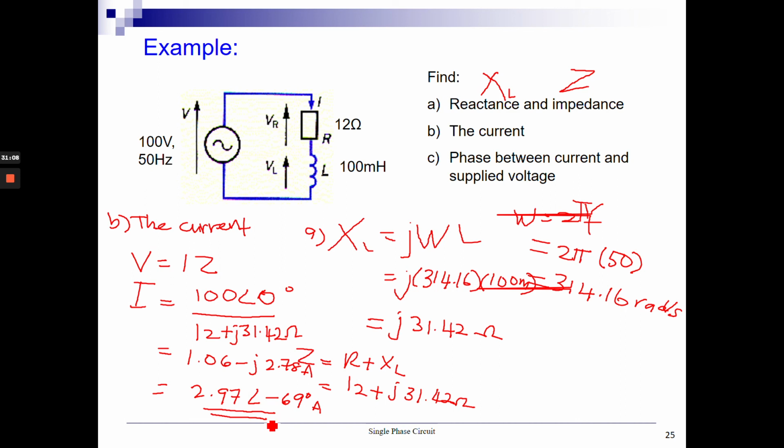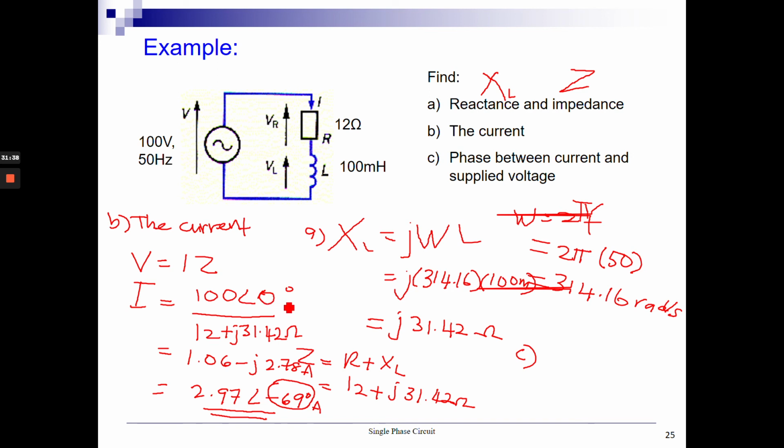Okay. And then the last one, phase difference between current and voltage. So now you can see why I change this complex number into polar form, because I want to know the angle.